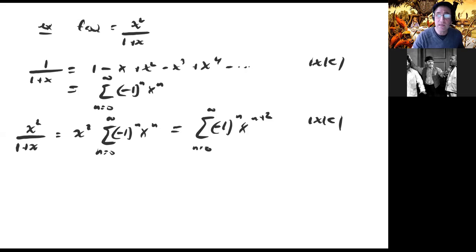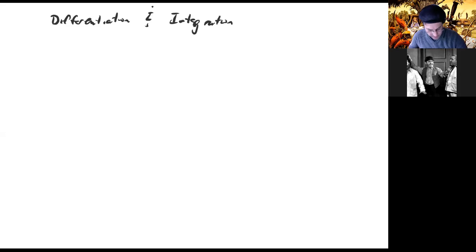Okay, so let me now get to another result, or actual result, in this section. It's the only result in this section, which is the following theorem about differentiation and integration of power series. So what's this about?